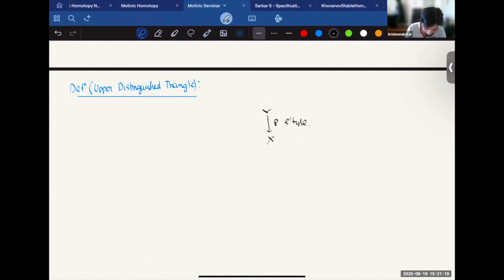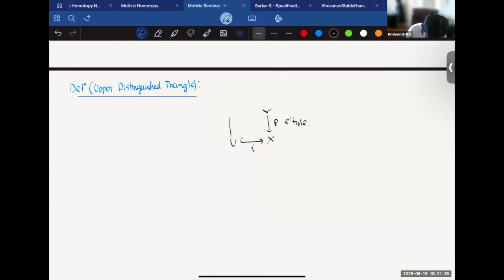And we have an open embedding of U into X, this is your I, this is your open embedding, and V to X is your étale map.